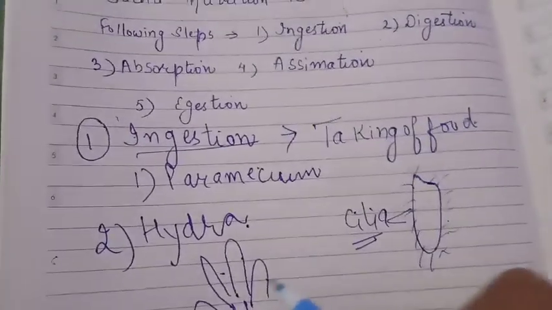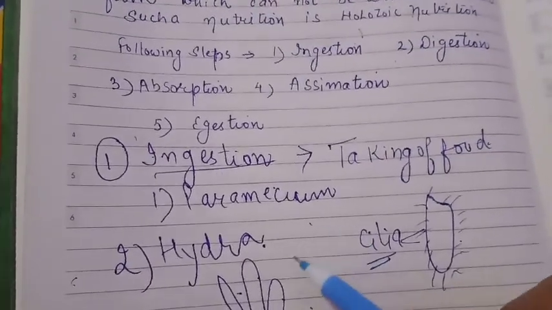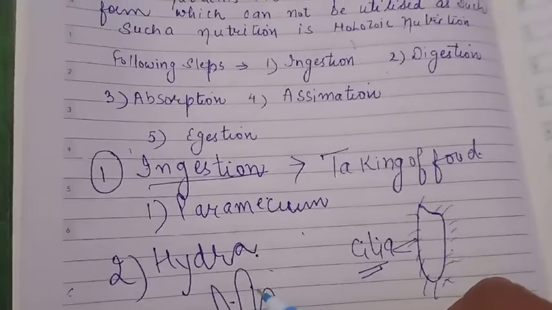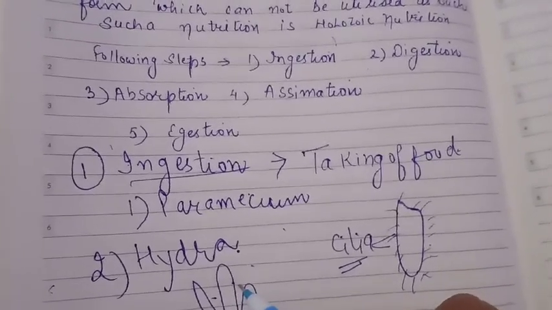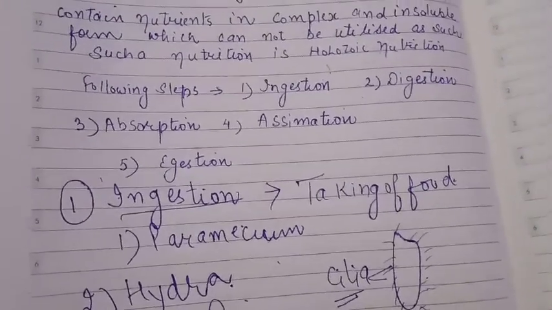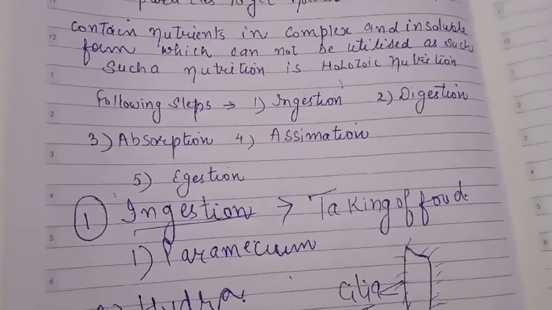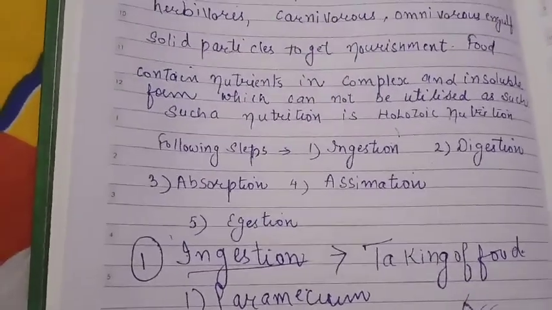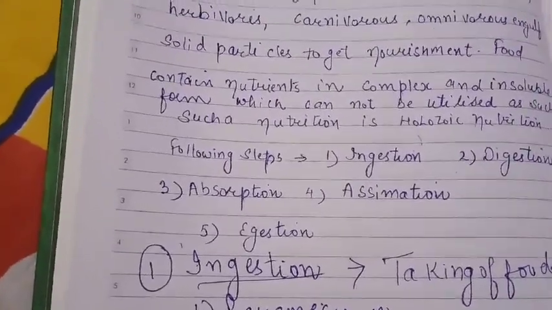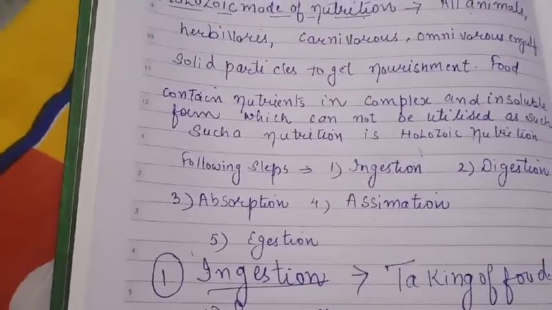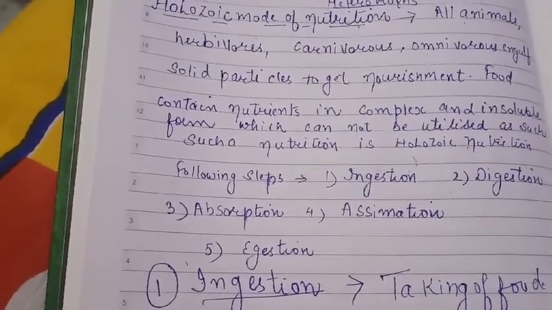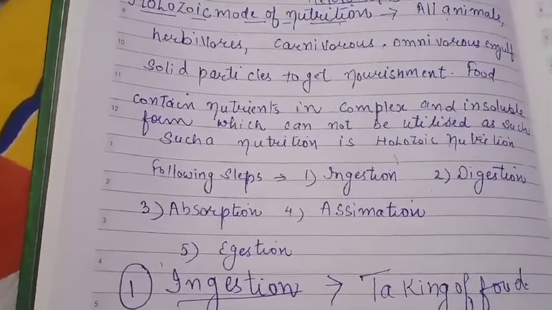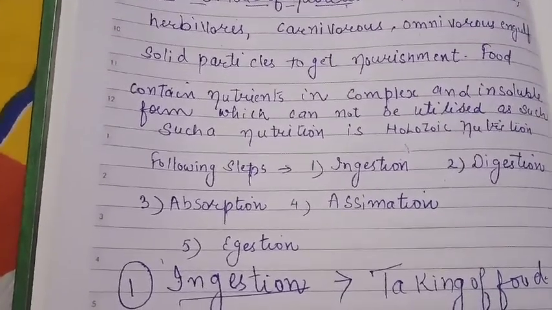As hydra has tentacles, aquatic animals come and get entangled, and hydra engulfs its food. Bees, butterflies, hummingbirds have sucking mouth parts, which help them to take the food.